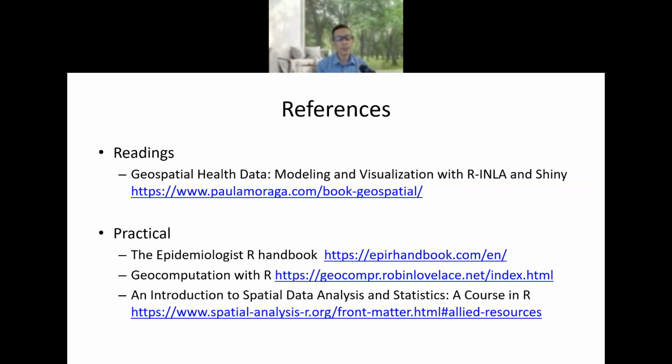Also very useful, very basic for data visualizations. But if you want to do more in-depth analysis, you definitely have to read the R-INLA book by Paula Moraga. Okay. So I think yeah, that's all.